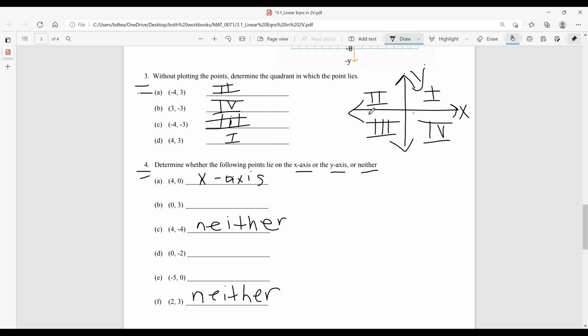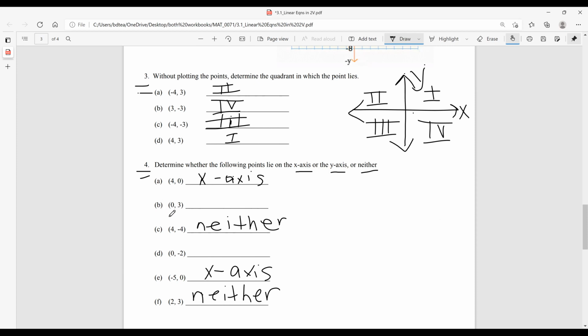And for that matter, anything where the y is 0 is on the x-axis. So if we just look down the numbers here, (-5, 0) is also going to be on the x-axis, because you can visualize it here: x is going to be -5 and y is 0.